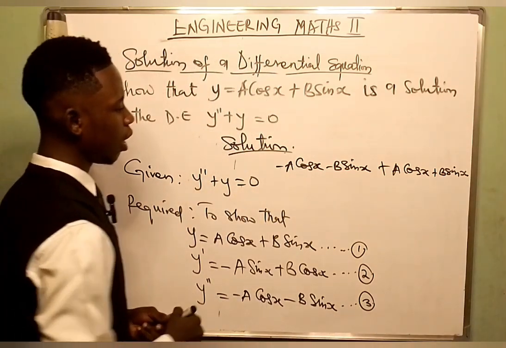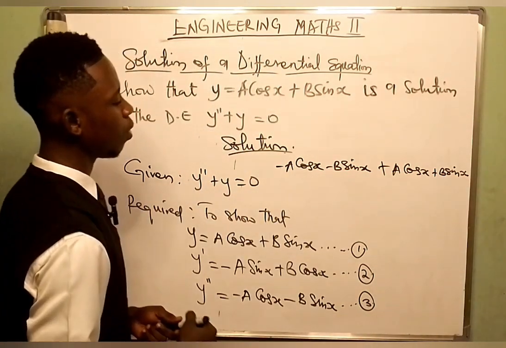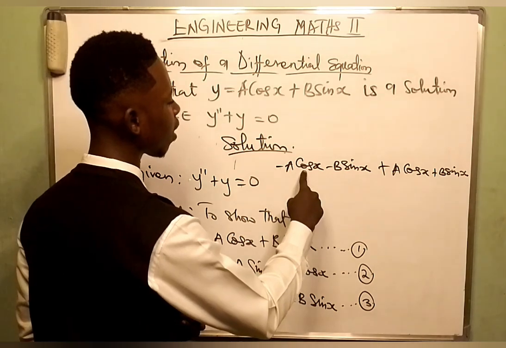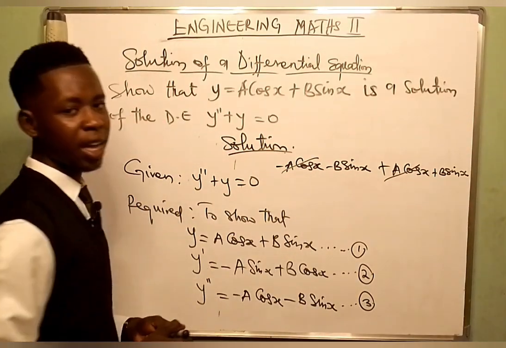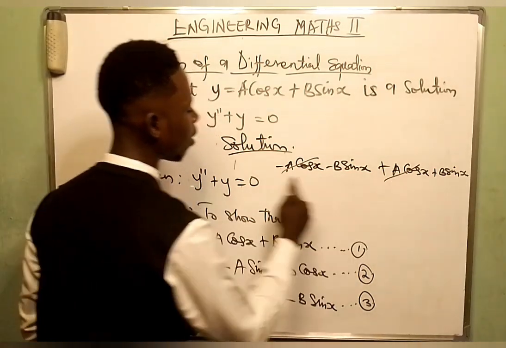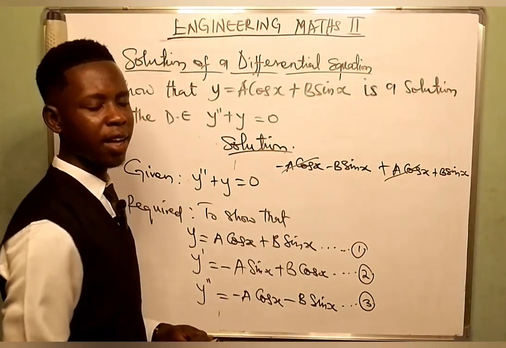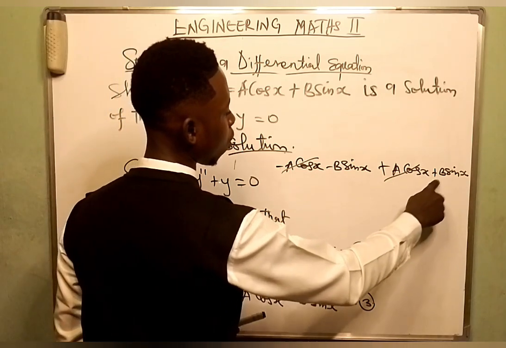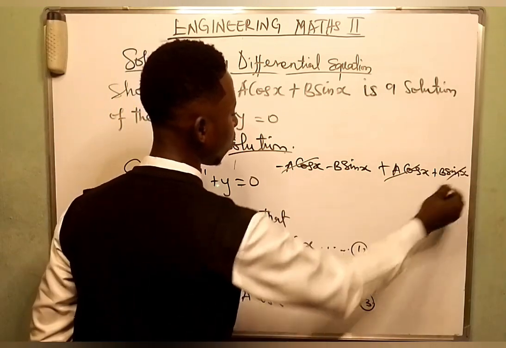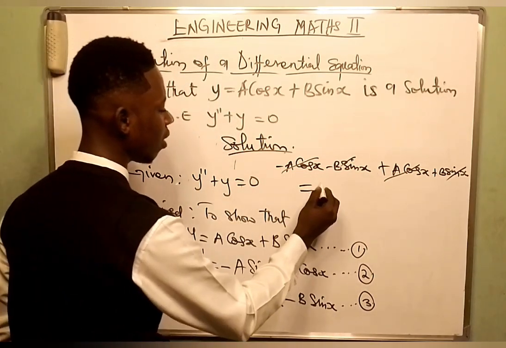Now let us check if this will give us 0. Minus a cos x plus a cos x will cancel and give us 0, just like saying 1 minus 1 gives 0. Minus b sin x plus b sin x will cancel and give us 0.